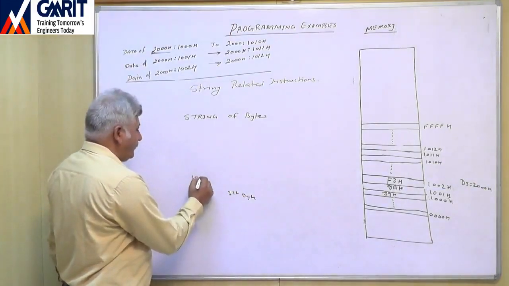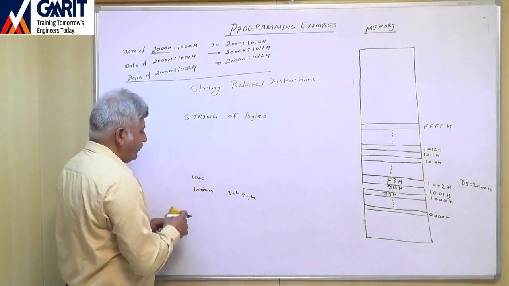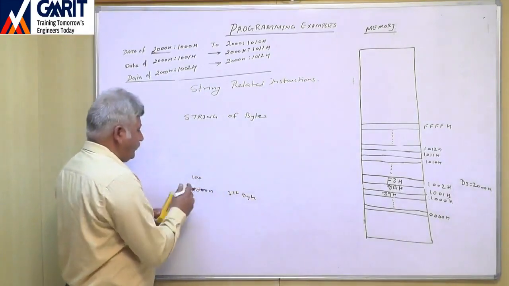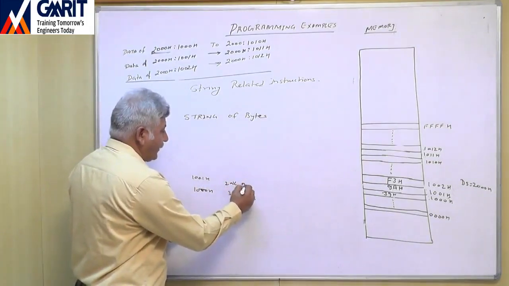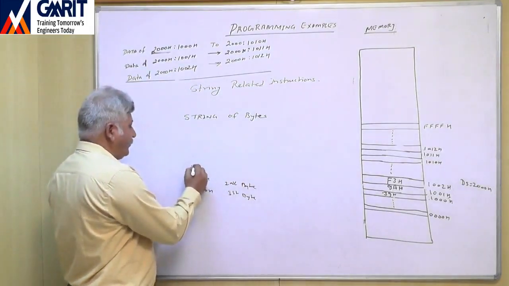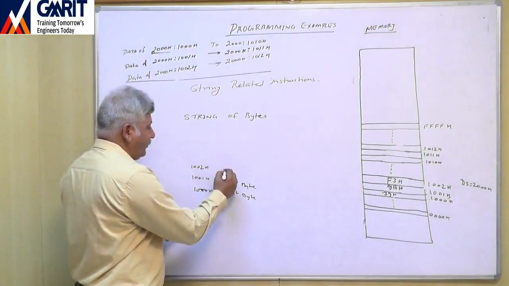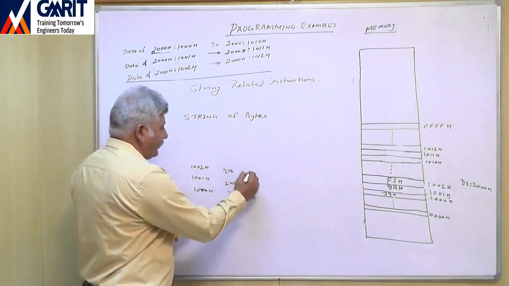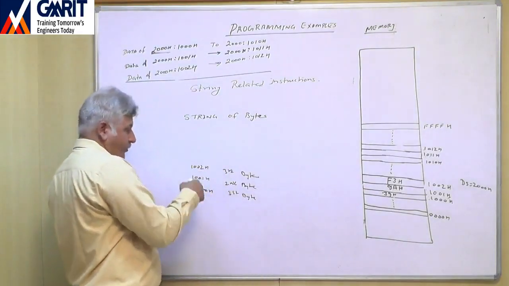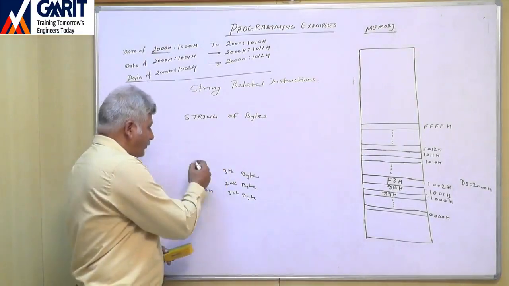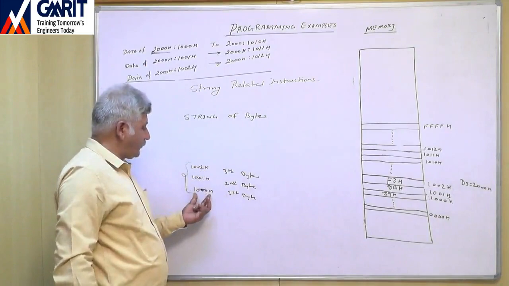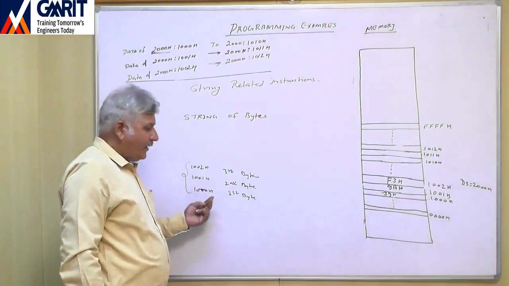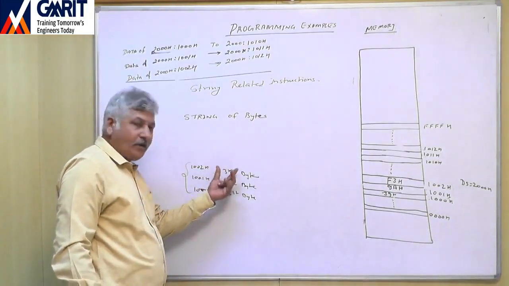At the next offset, 1001H, we have the second byte. At 1002H, we have the third byte. So these data, from offset address 1000H, in consecutive locations, are stored bytes.